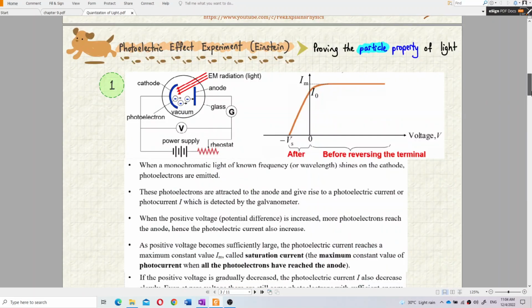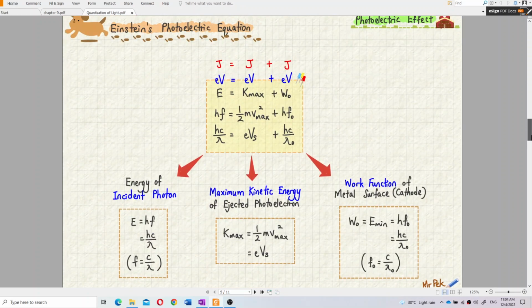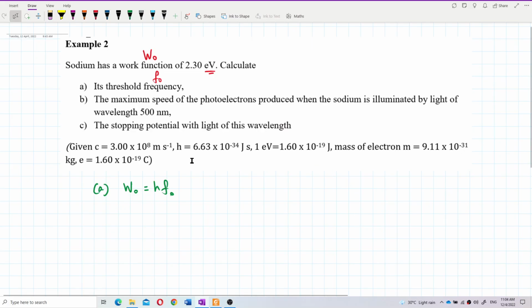Understand? The same goes for this equation, W equal to h f naught. The W must be in SI unit, joule, because h is in joule second and frequency is per second.